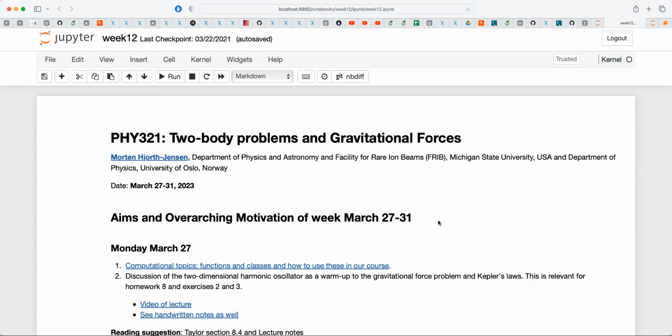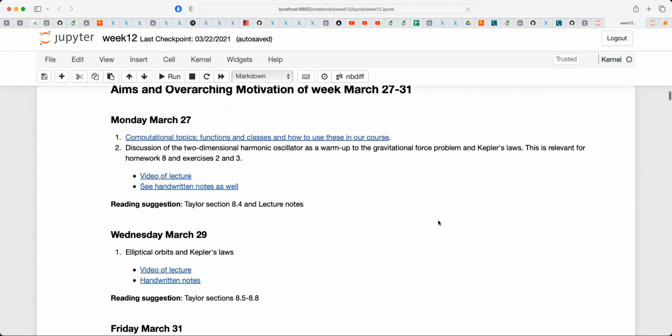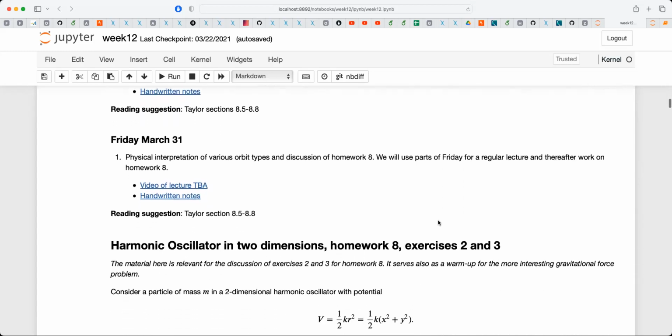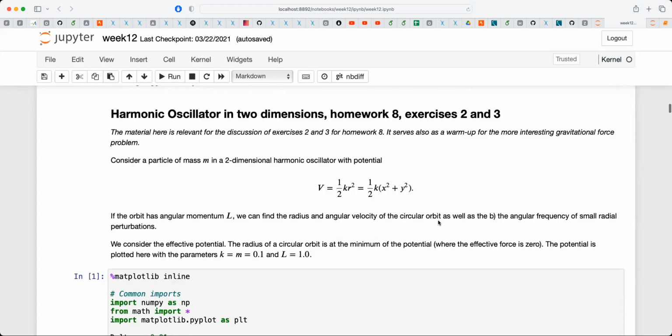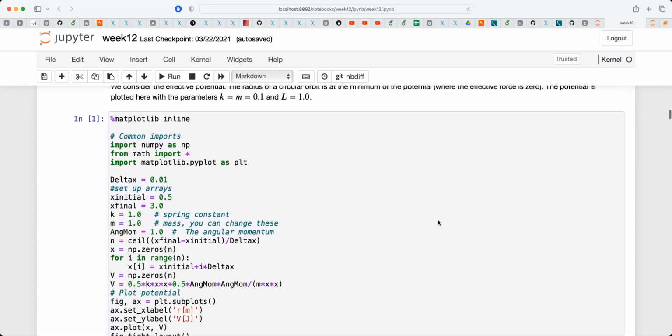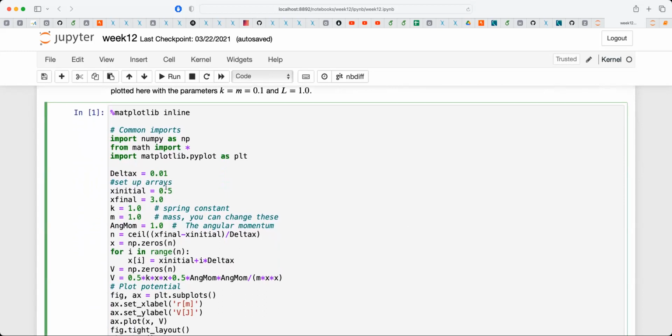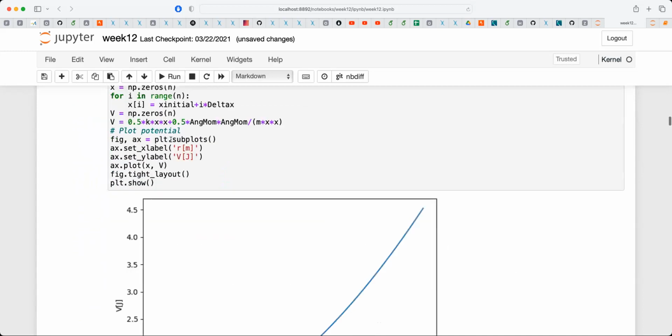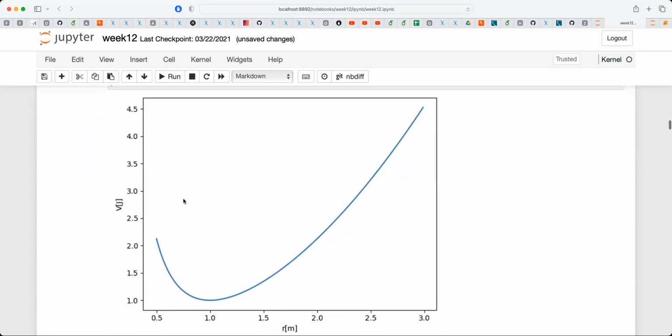Okay, let me say something about the exercises this week, in particular exercises 2 and 3. You have parts of the solution in the lecture material from this week. One thing you can do is to plot this harmonic oscillator potential.